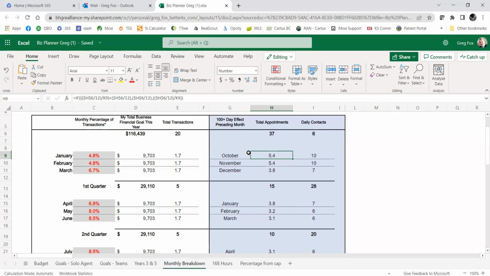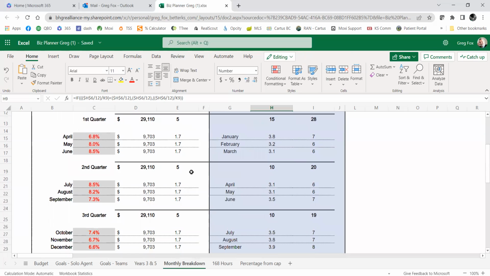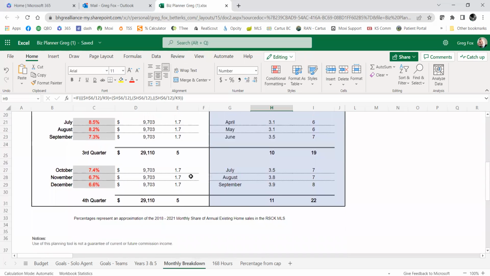So what I'm doing in October will get me the results I need in January. What I do in November gets me the results I need in February. What I do in December gets me the results I need in March. Make sense? Okay. That's what this chart is showing you.